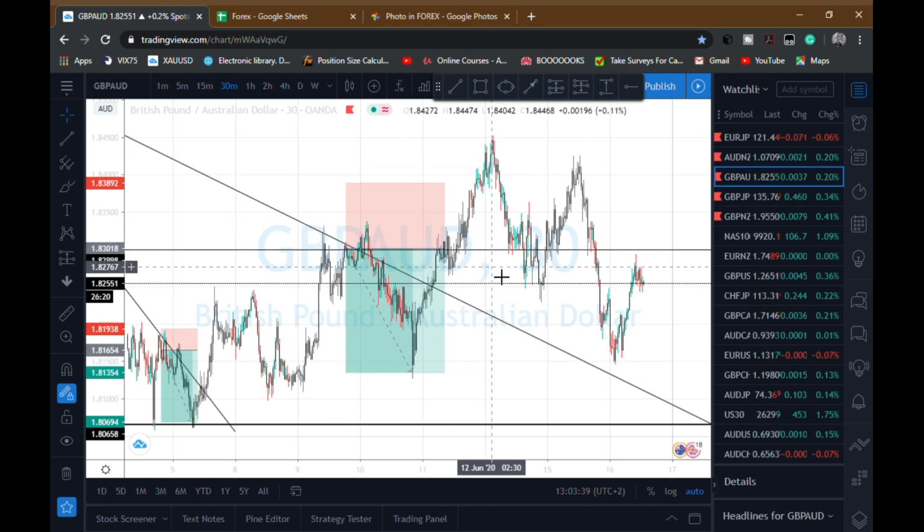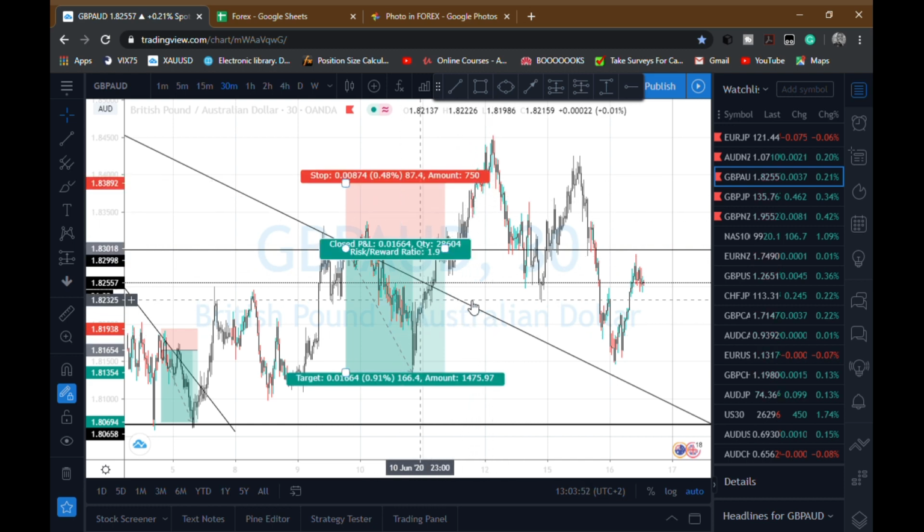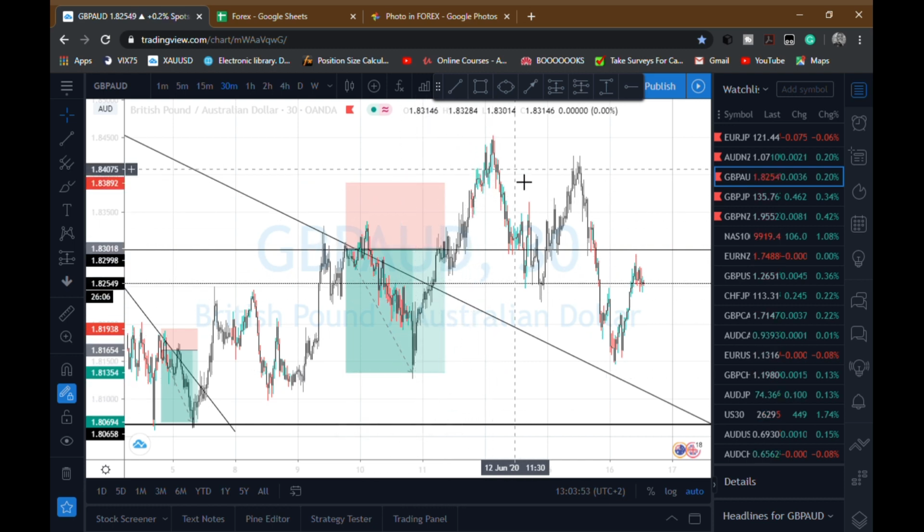I think I'm going to display the snap of the trade that I took somewhere here on the screen. You'll see it. Yeah, so it just hit my TP and decided to go back. I guess I was lucky for this one.